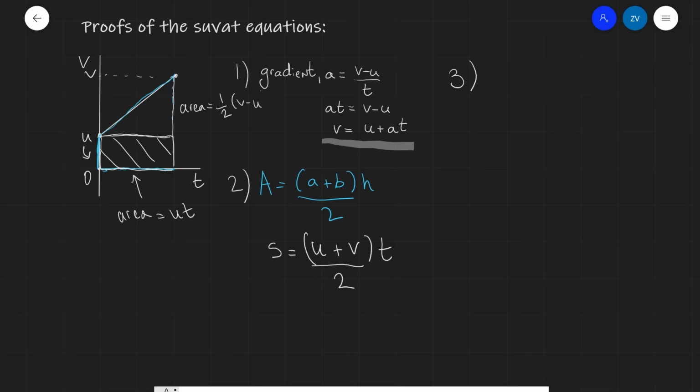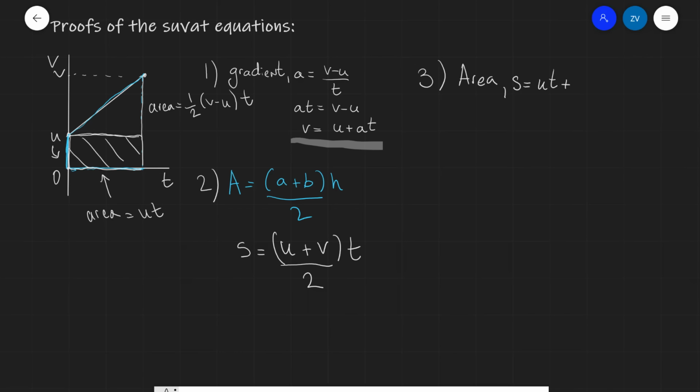So a half times (v minus u) times t. Well, the total area, which is actually our displacement s, will then be equal to ut plus a half (v minus u) times t.